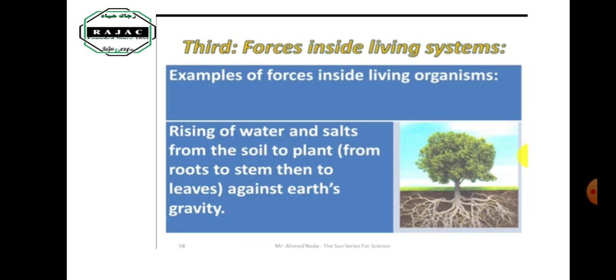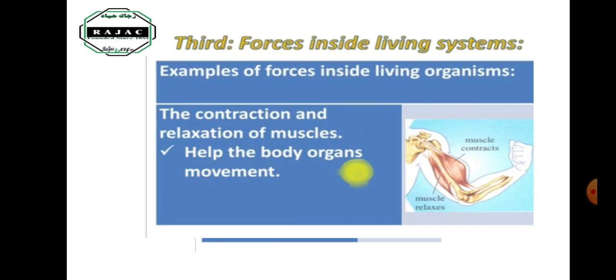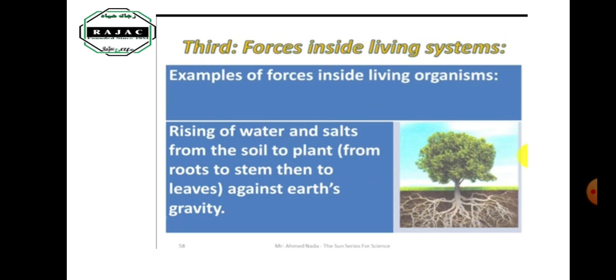So rising of water and salts from the soil to the plant, against the earth's gravity, is also called force. So the force of rising the water from the soil by the roots to the stem of the plant, then to the leaves to make their own food. This is also a force, but this force is against the earth's gravity.